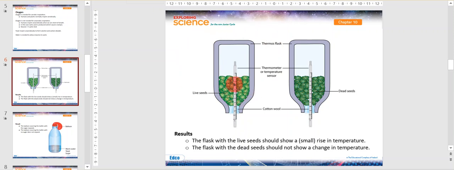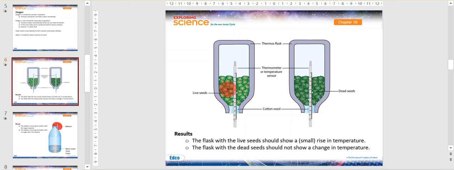So what's going to happen is the seeds in here are going to respire, and when they respire, they're going to produce heat. So just like when the cells in our body are respiring all the time, and that's what keeps our body warm. That's why when you touch your hands, for example, you know they feel warm.